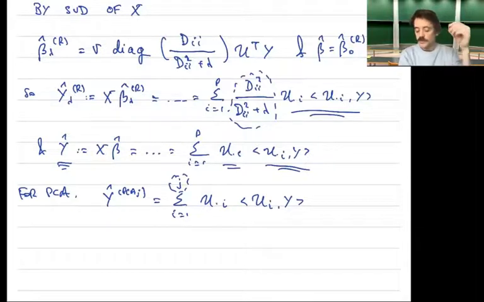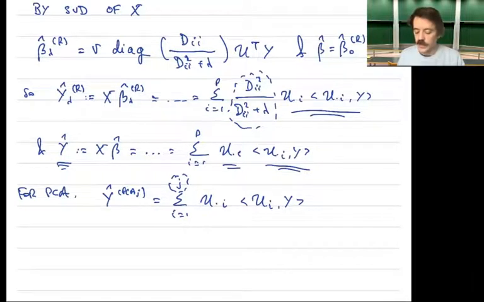Okay, so what we've done is something intermediate, or something that is related to the previous, right? So for the first J of them, we leave it as the OLS, and then for the rest of the principal component projections, we're going to do extreme ridge in some sense, yeah. And in fact, this can be seen as a limit of regularized procedures, this is in the notes, the PCA.